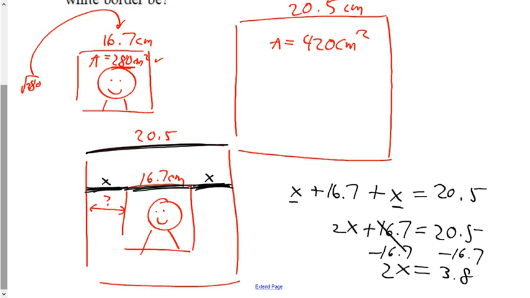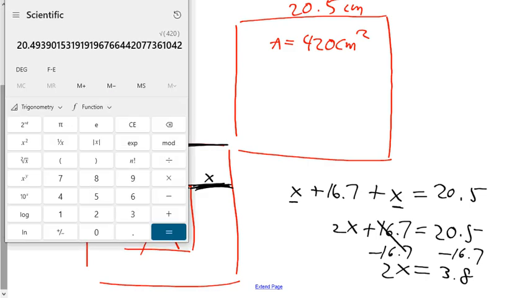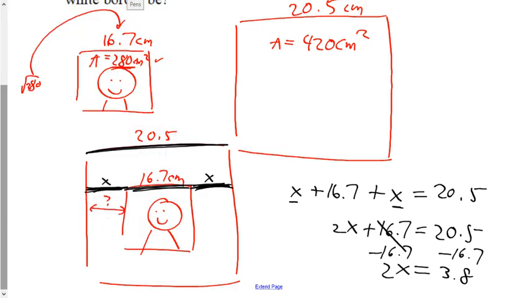I better make sure that's right. Grab a calculator, 20.5 take away 16.7 equals 3.8, good. And if two of them is 3.8, so this distance here and this distance here have to make up the residual, which is 3.8 centimeters. Then if I divide that by 2, my x is going to be 1.9 centimeters wide.